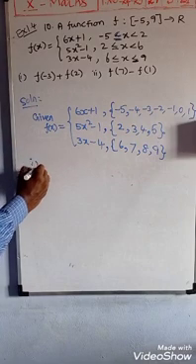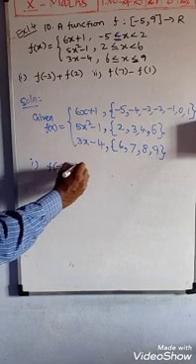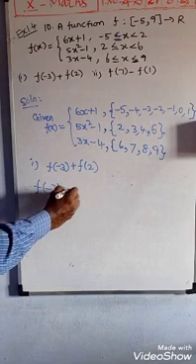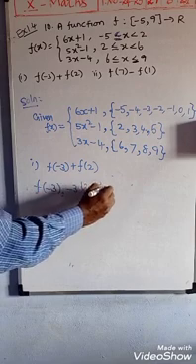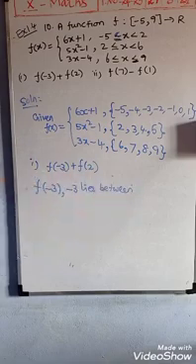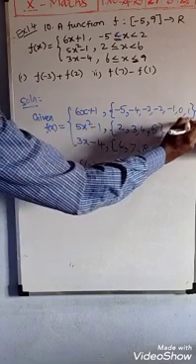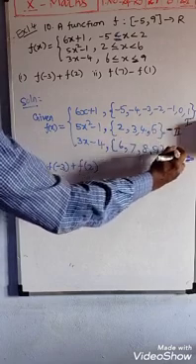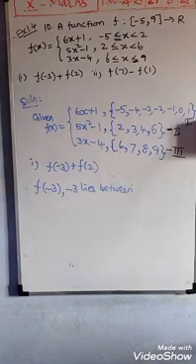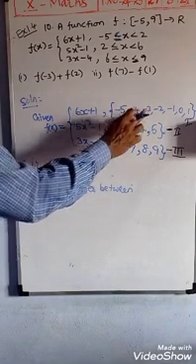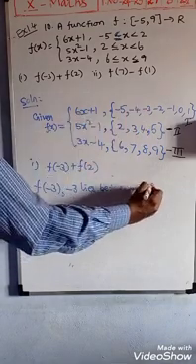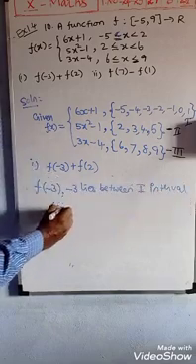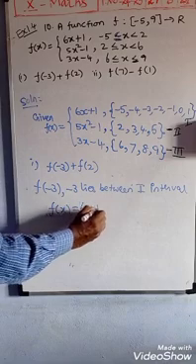Now the first point: f of minus 3 plus f of 2. First choose f of minus 3. Which interval does minus 3 lie in? Consider this the first interval, this the second interval, this the third interval. Minus 3 lies in the first interval, so for f of x we choose 6x plus 1.